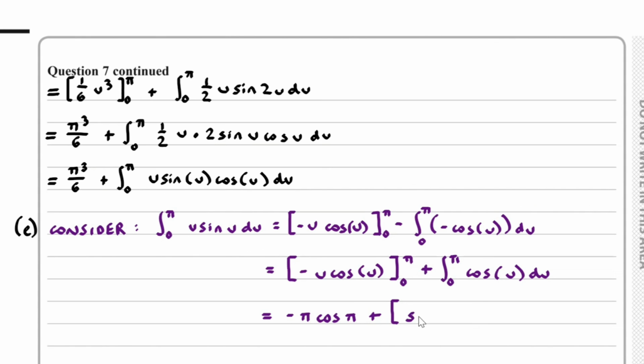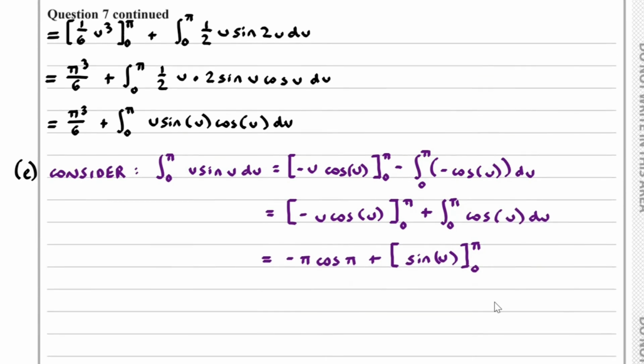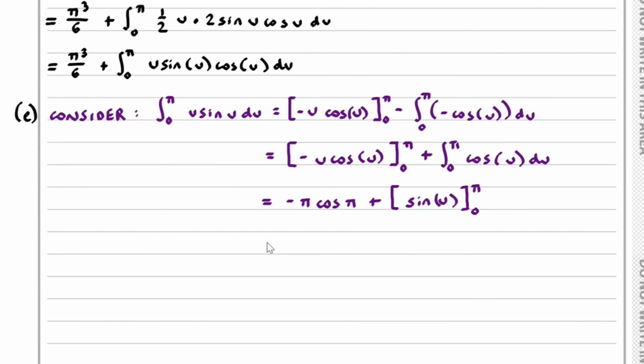So I add on sine u, and I'm going to evaluate this between 0 and pi. So I've got minus pi cos of pi plus sine of pi. Now sine of 0 is just 0, and sine of pi is 0. So I've got minus pi times by cos of pi, which is minus 1. So I'm left with pi for that integral.